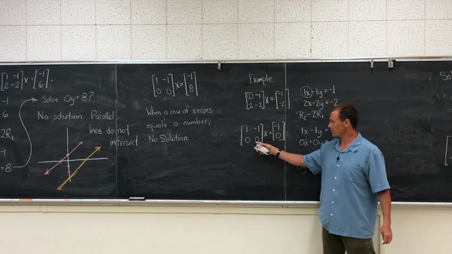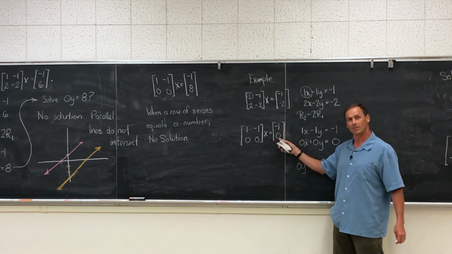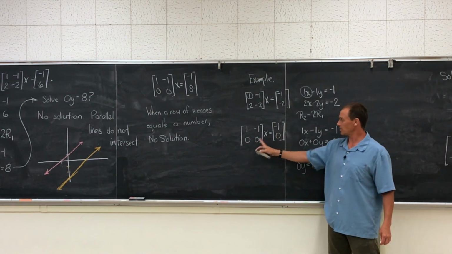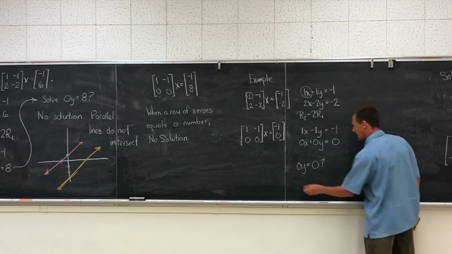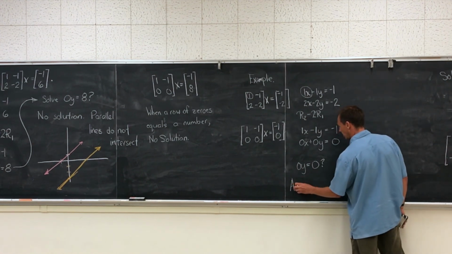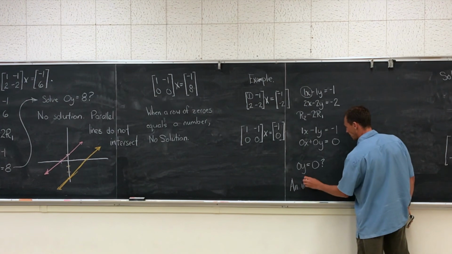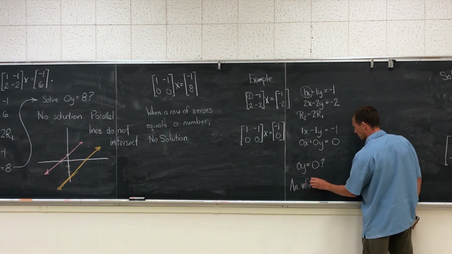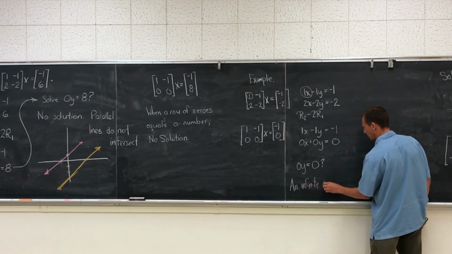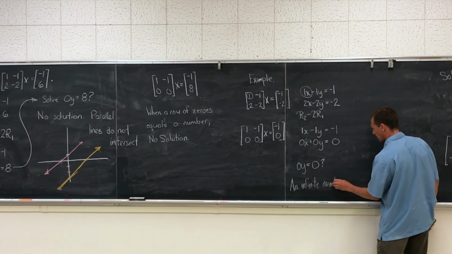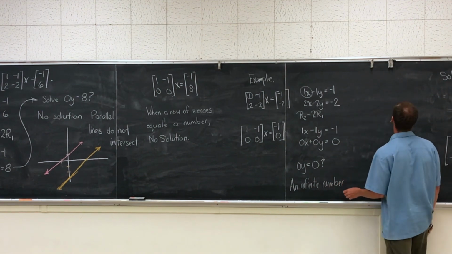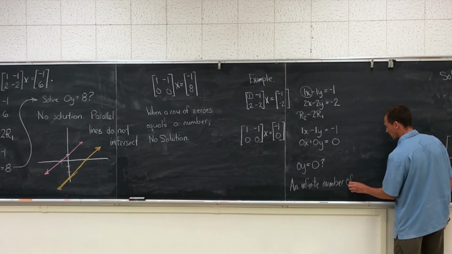It's a 0 row equals another 0 row. That is the solution for it. Here we have an infinite number of solutions.